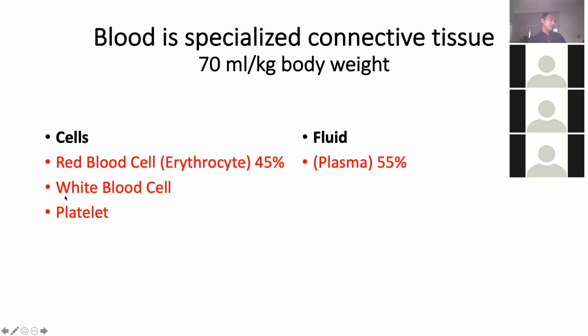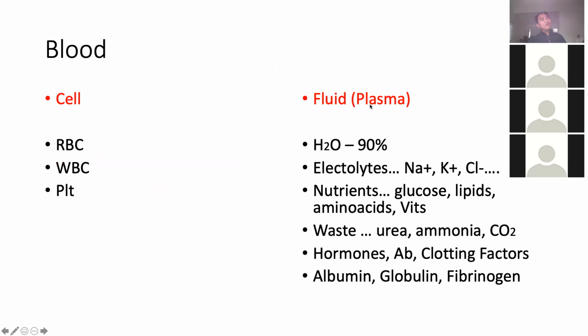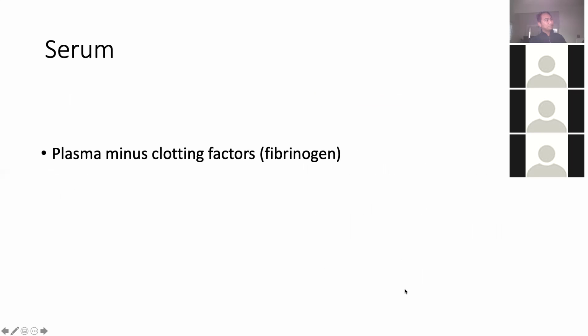So cells are RBC, WBC, and platelets, and the fluid portion is called plasma, which makes about 55%, and the cell portion about 45%. And in the fluid, we need to know water is easy to remember, sodium, potassium, chloride, all the nutrition we eat, all the waste products from our body, hormone, antibody, clotting factors, and especially albumin, globulin, and fibrinogen.